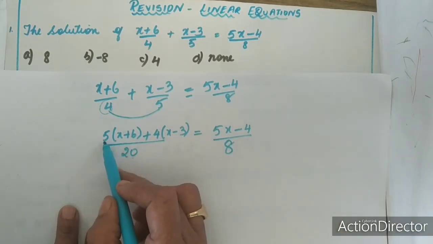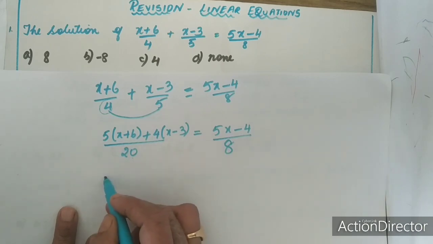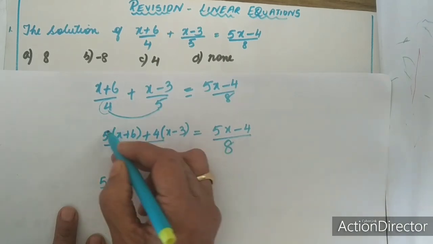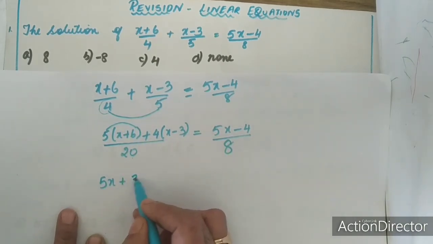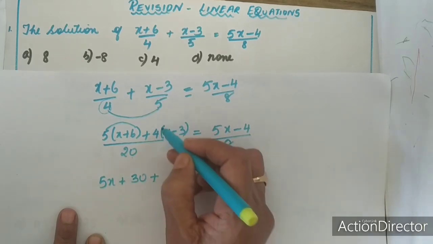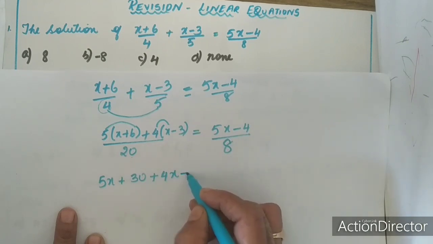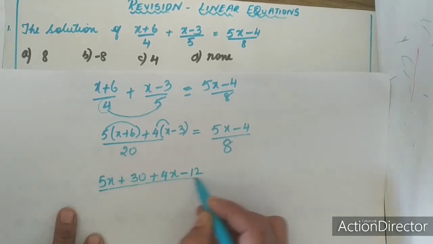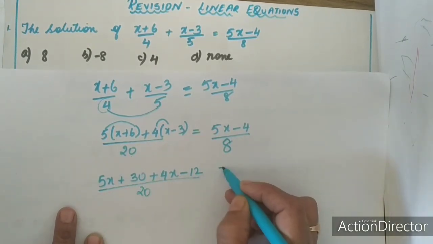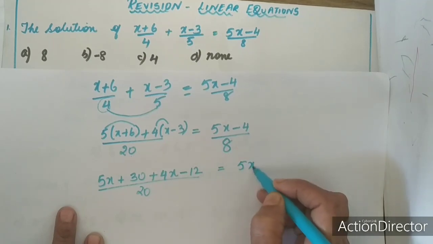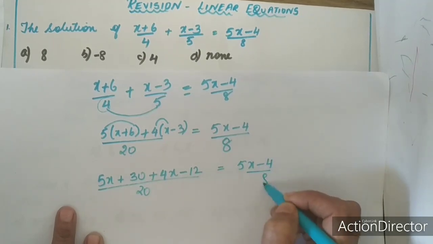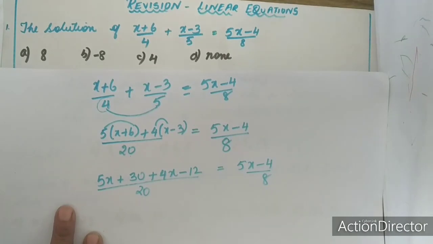Now you use the distributive property. 5 into x is 5x. 5 into 6 is 30 plus 4 into x, 4x. 4 into minus 3, minus 12, upon 20 is equal to (5x minus 4)/8.